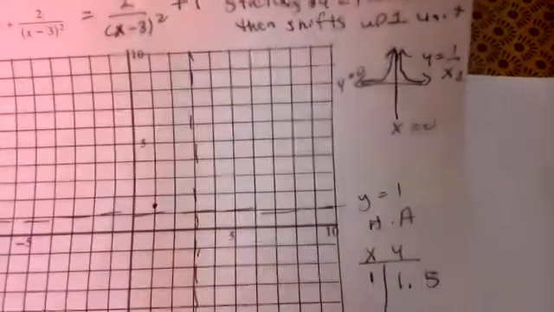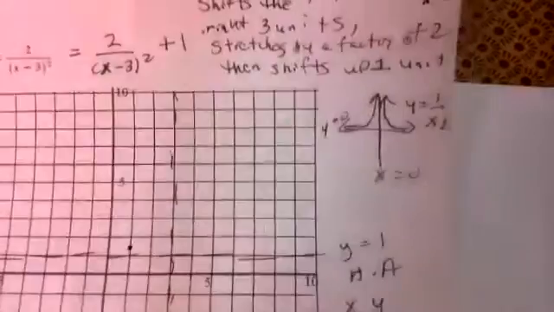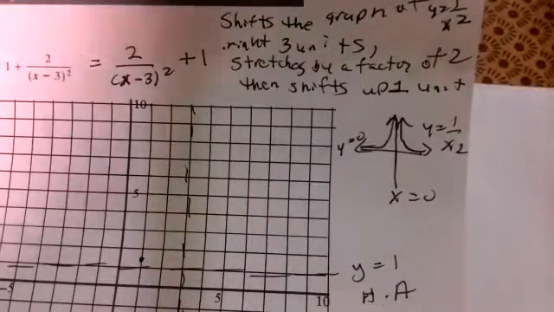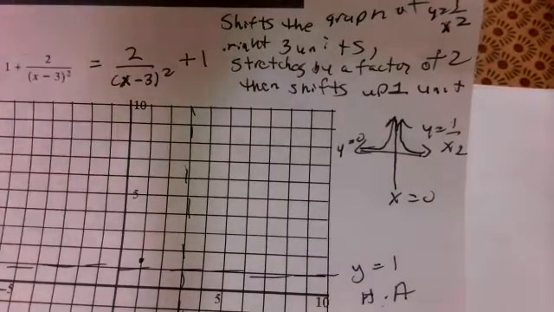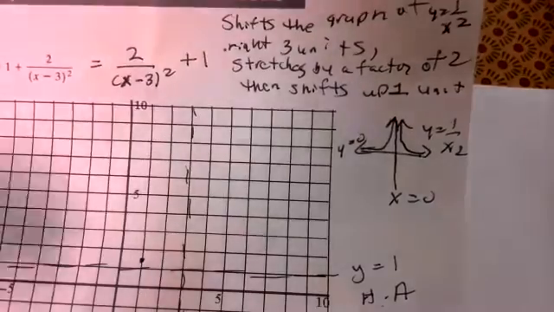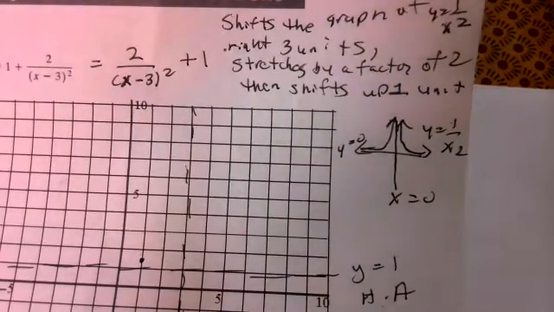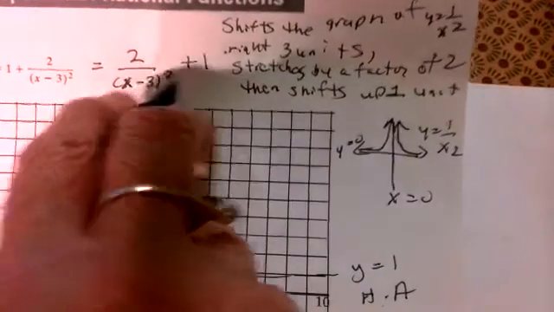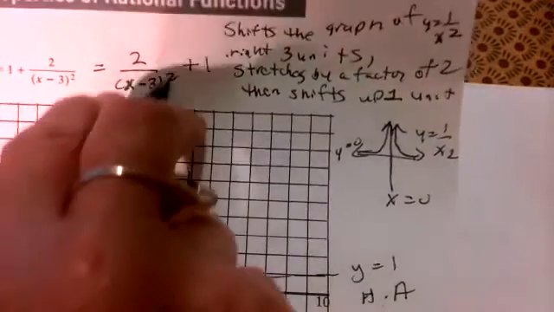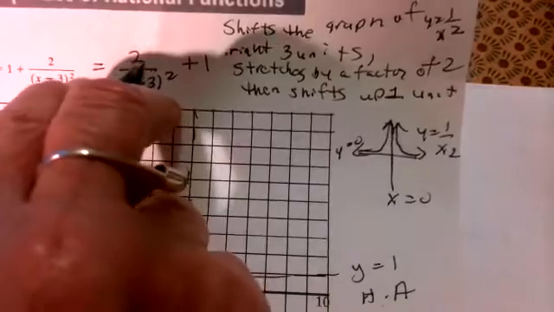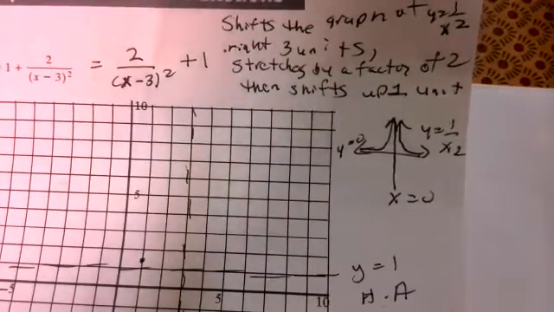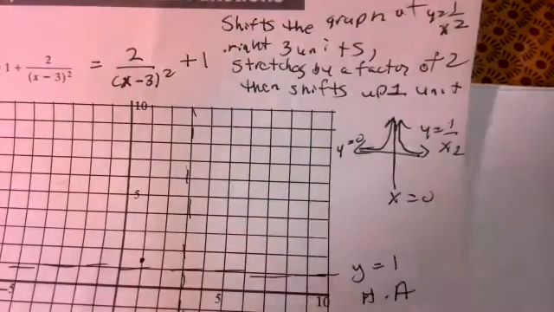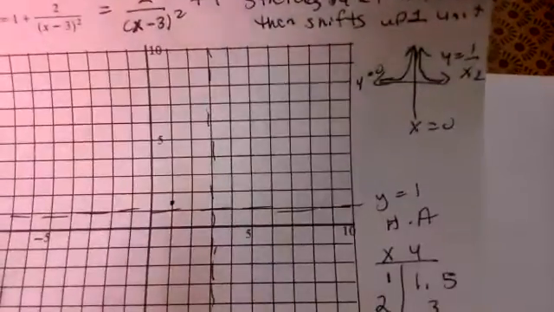So we could find a few points just to sketch in. How about if we've got a 2? Then 2 minus 3 is going to be minus 1, but minus 1 squared is going to be 1. So this is going to be 2 plus 1 equals 3. So you could plot as many points as you want here.